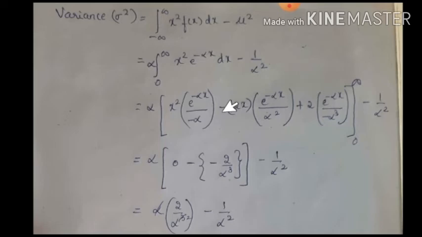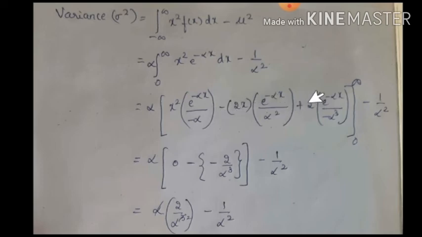According to the formula, alternate positive negative, yes or no? So plus, then minus, then differentiation of x square is 2x. Then integration of e to the power of minus alpha x is e to the power of minus alpha x by minus alpha. So minus alpha into minus alpha become plus alpha square.